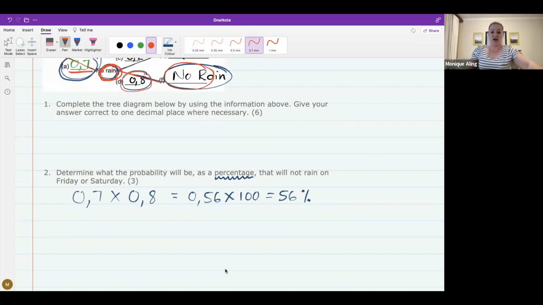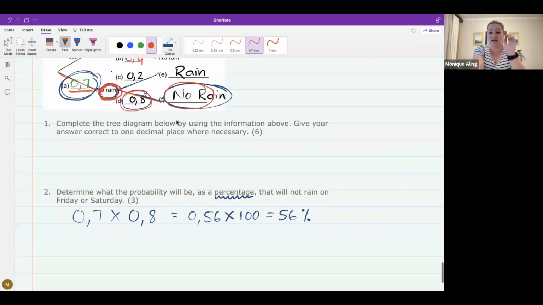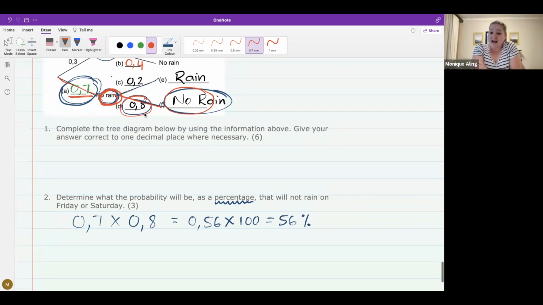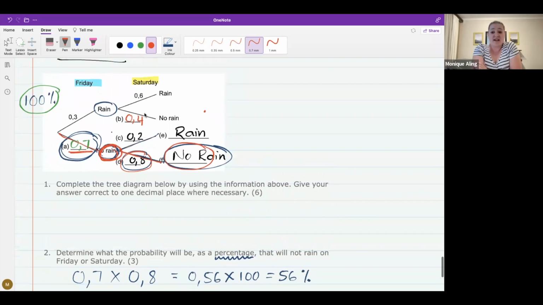Cool. Okay, so I have tried to ask as many different questions with tree diagrams today as possible. So involve some decimals, involve some fractions in the tree diagram, practice drawing tree diagrams, filling in tree diagrams. So how do we feel about tree diagrams after today's lesson?